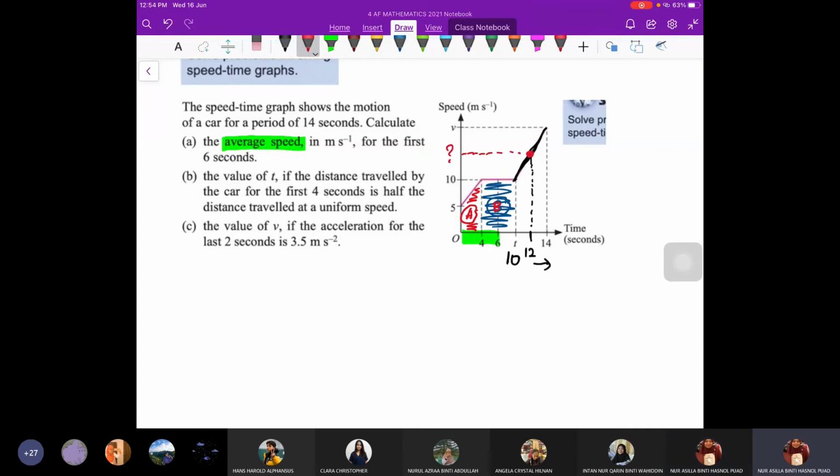I don't know. So, saya kena ambil value yang saya tahu nilai dia. So, which would be titik dekat sini dengan titik kat atas. So, titik kat sini adalah T iaitu 10. Atas ni 14.